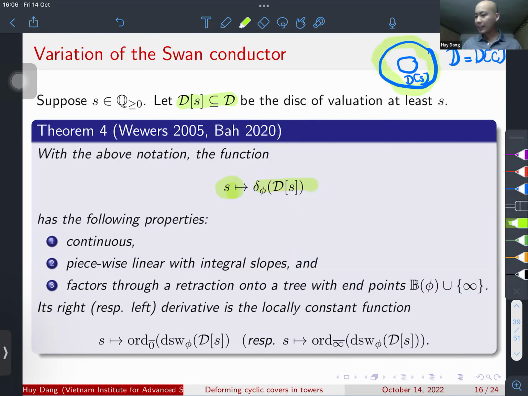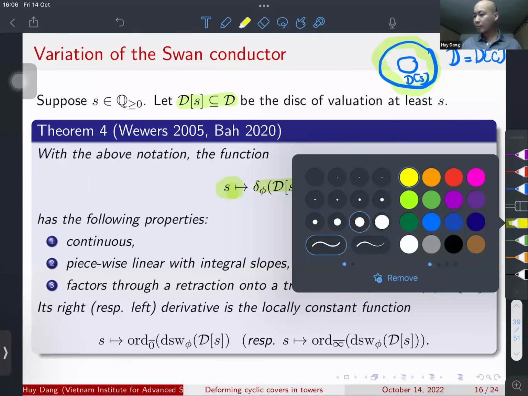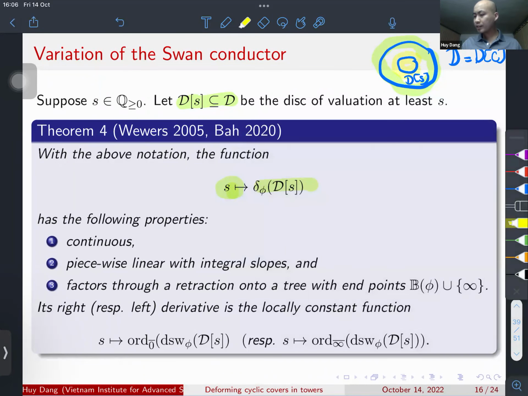Then if you go to s, you have different information on the subdisk. That is the function we define: the function from s to the depth of the restriction to the subdisk D_s, from Q to Q. Right, so we have the function of depth, and it has some nice properties.